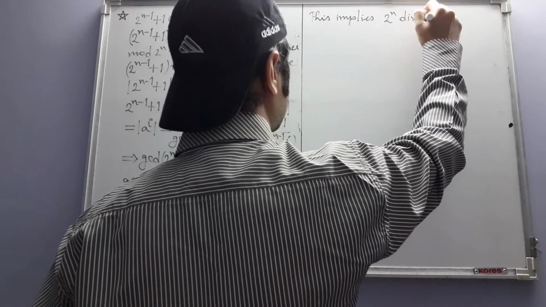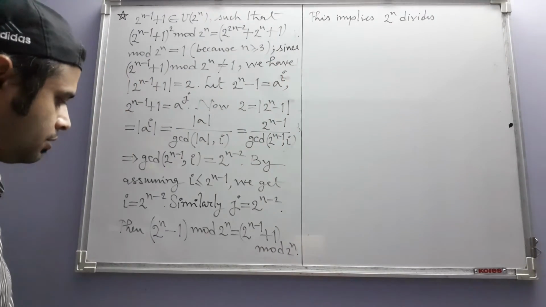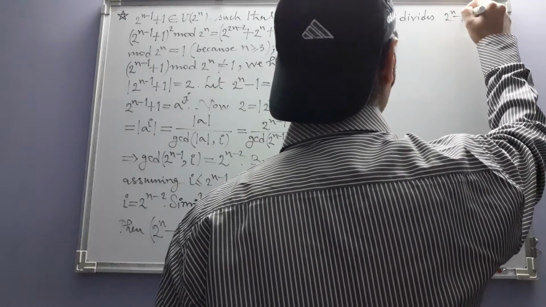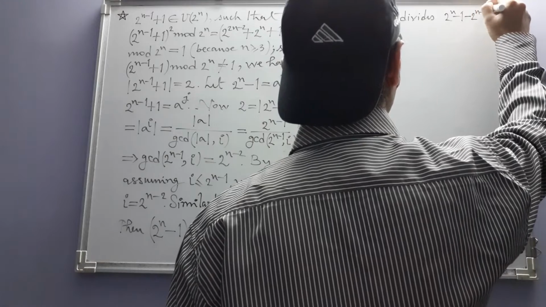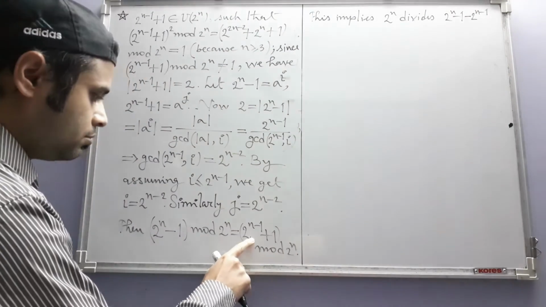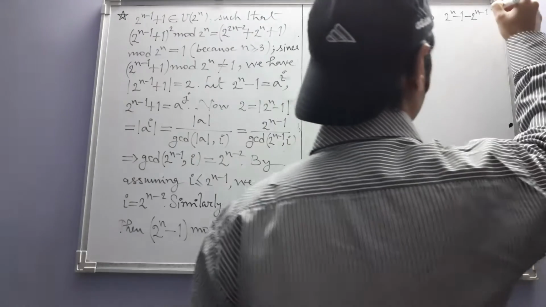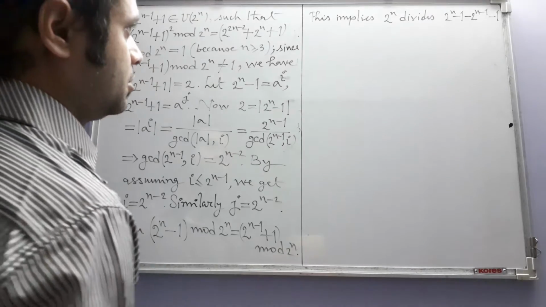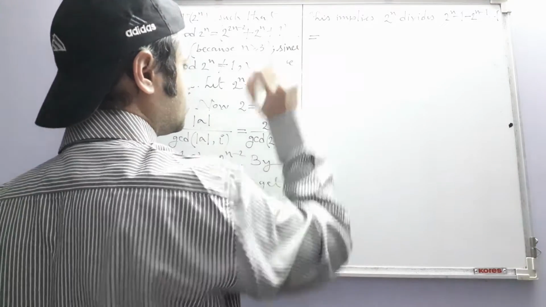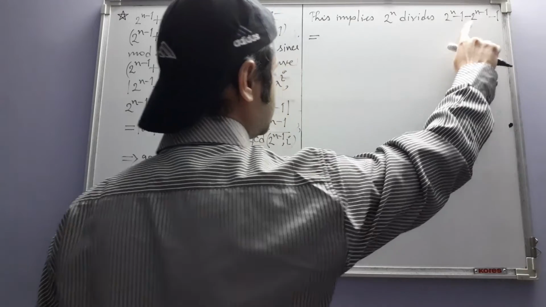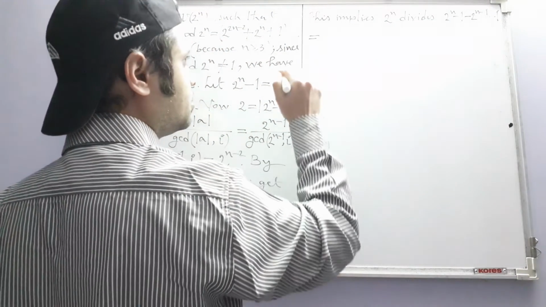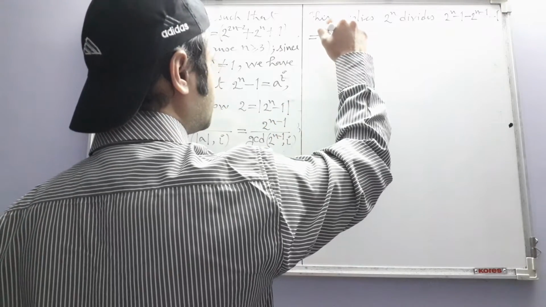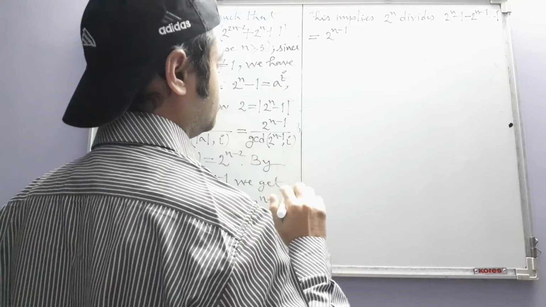This divides the difference, 2 to the power n minus 1 minus 2 to the power n minus 1 minus 1. Okay, now what do we get from this? From these two integers, we can take 2 to the power n minus 1 common out.